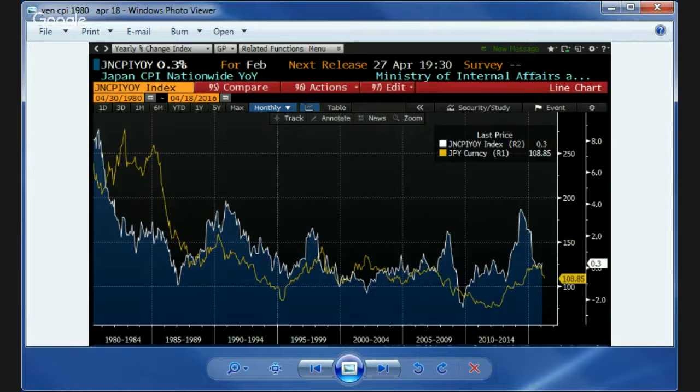Year in, year out, decade in, decade out, the most important correlative for currency trading rates are central bank rate cycles. That has now broken down, as you can see.